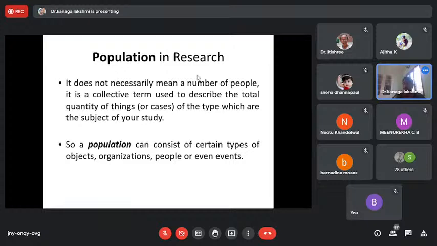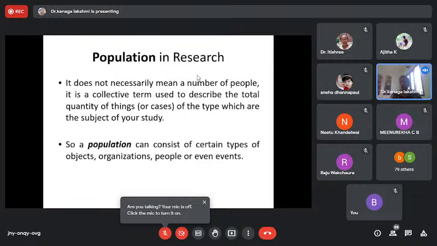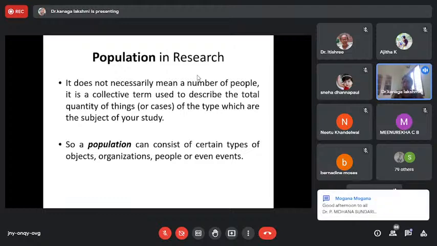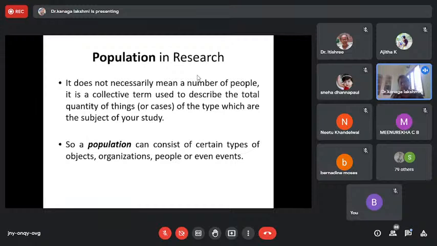For example, in a manufacturing unit, suppose you want to test how many defective items are produced in a particular day or a particular week, then all the products produced in that manufacturing unit become your population. For an organization, if you are undertaking a study focusing on the employees in that organization, then those employees become the population.